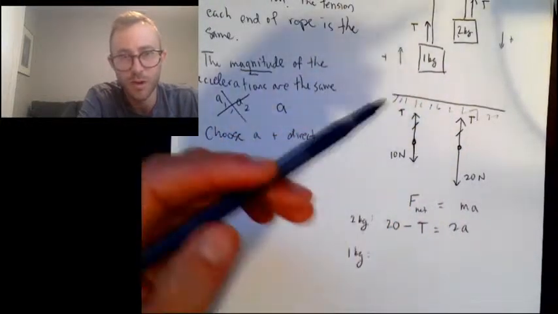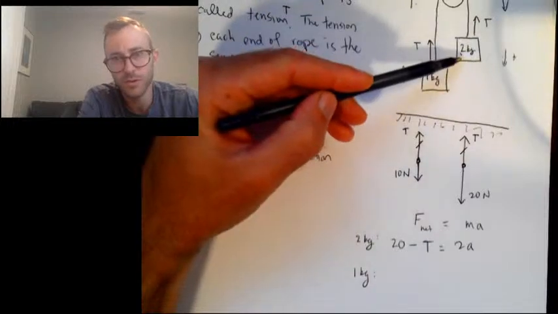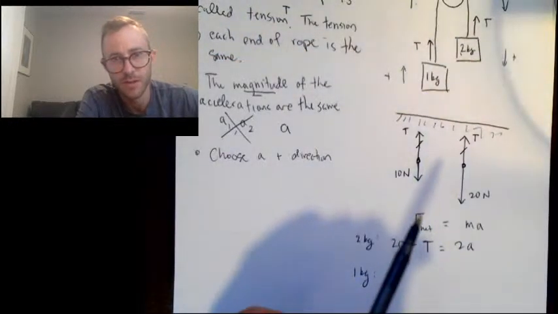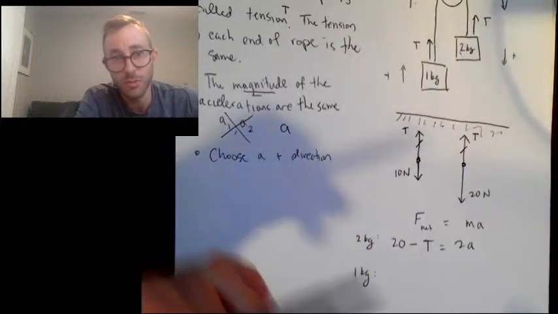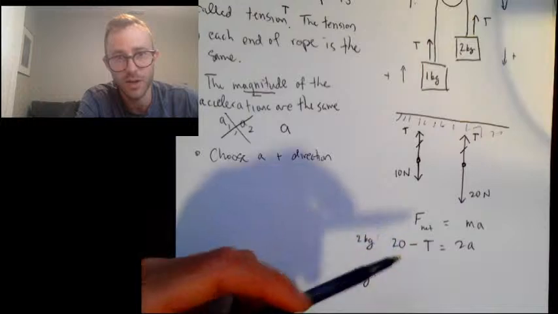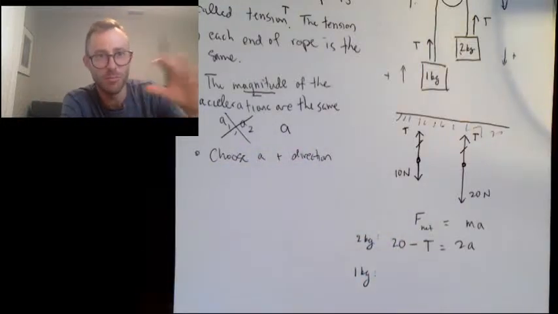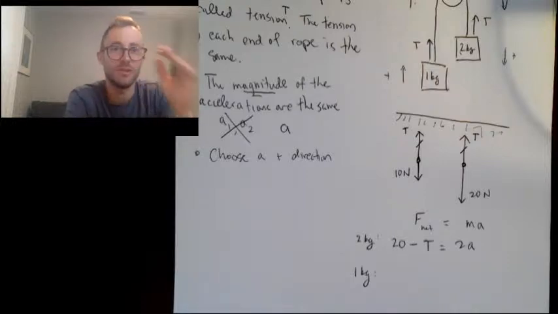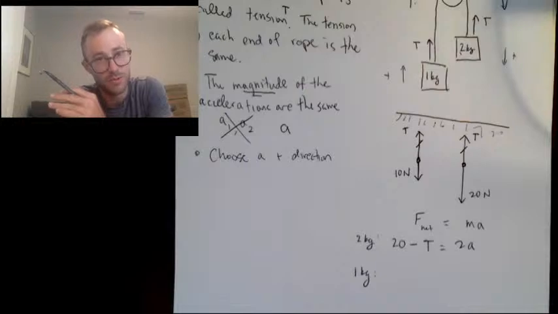But this is one of the rare cases where, for the 2 kilogram mass, downward is the positive direction. I said in a previous lecture that most of the time the net force in the y direction is up forces minus down forces. That would be in a situation where we chose upward to be positive. If we choose downward to be positive, then the net force in the y direction is going to be down forces minus up forces.